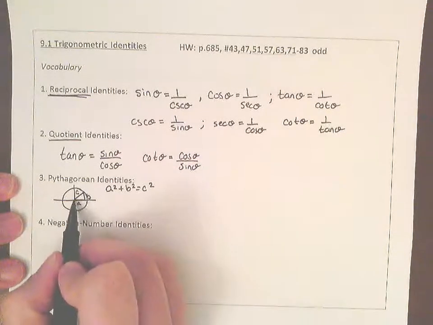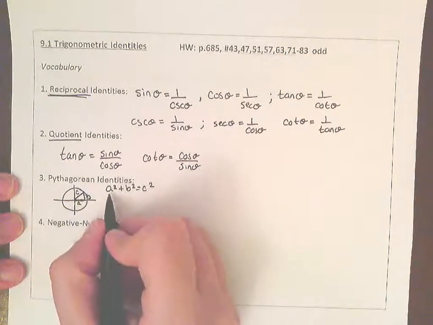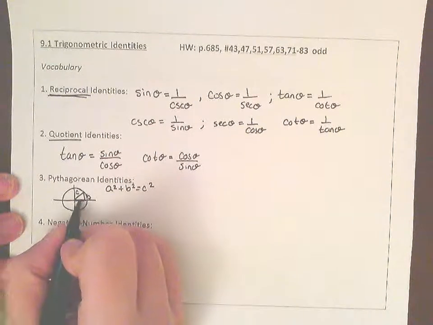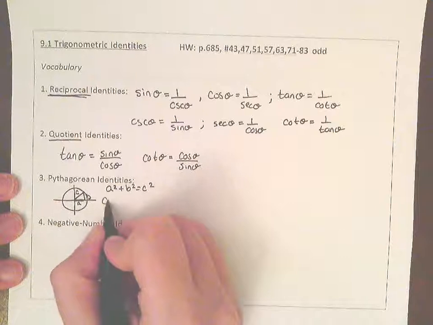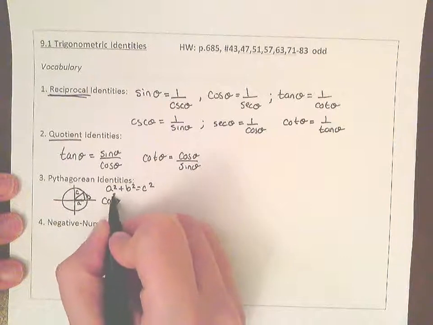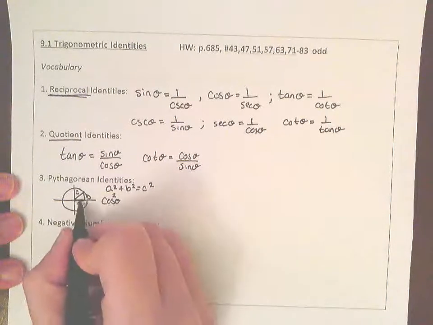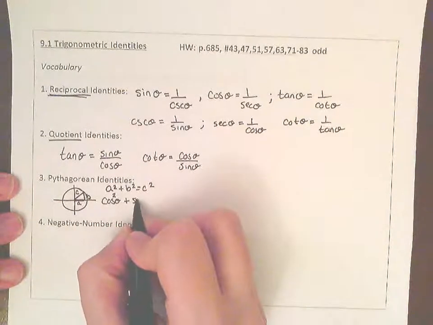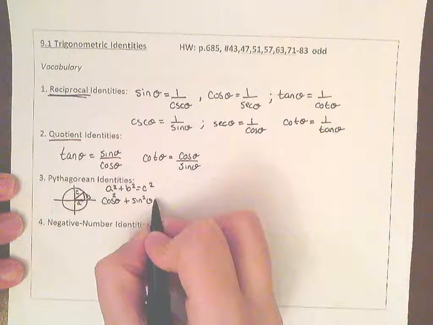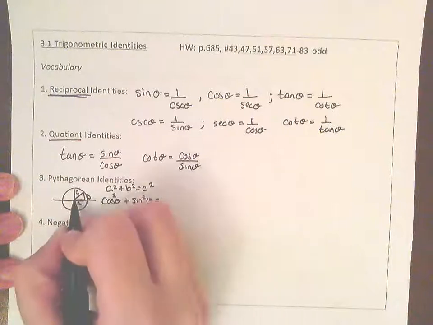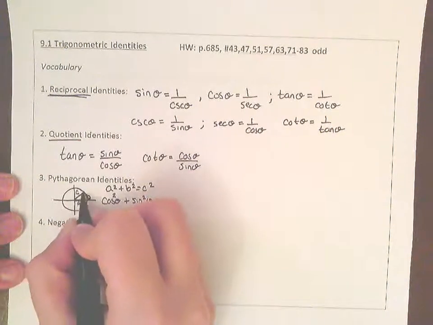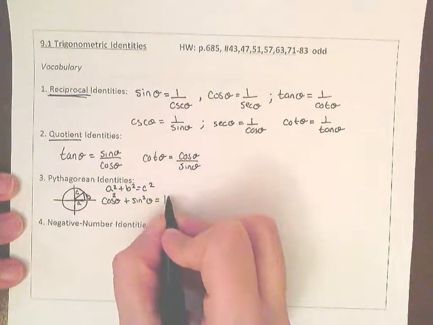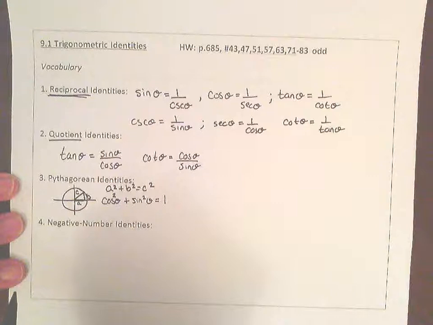But on our unit circle, A is represented by cosine, because it's the x variable. So it's cosine squared of theta plus sine squared of theta is equal to the hypotenuse. And remember, on a unit circle, the hypotenuse is always 1, so it's just going to be equal to 1 squared, which is just 1.